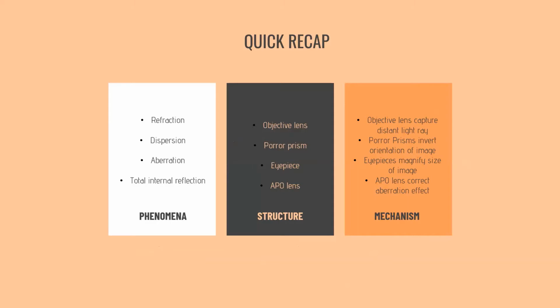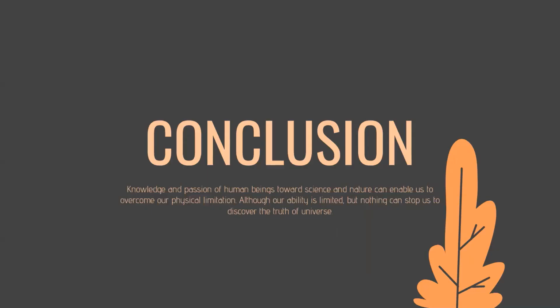The mechanism of a binocular is that the objective lens captures distant light rays, and the prisms invert the orientation of the image. The eyepiece magnifies the size of the image while the APO lens corrects the aberration effect.